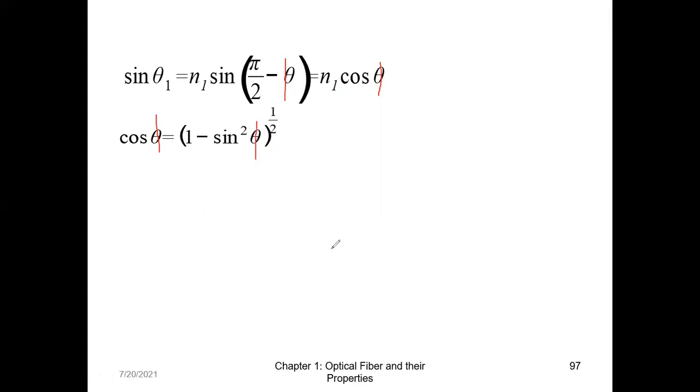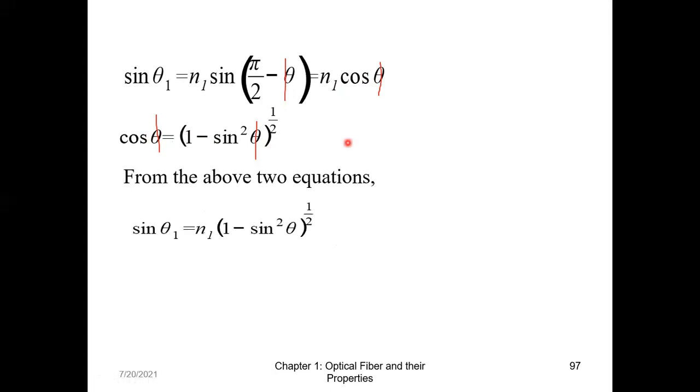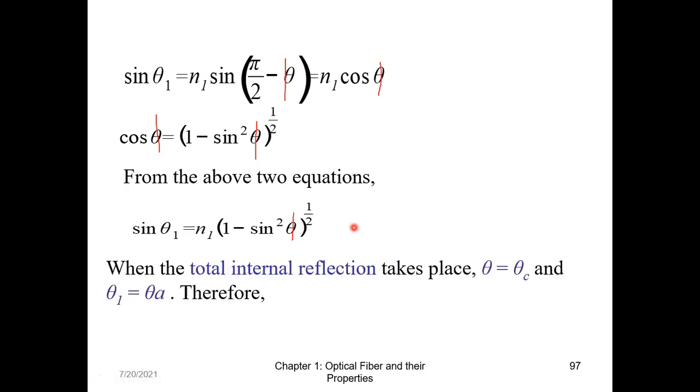So using that trigonometric identity, from these two equations I have sine theta 1 equal to N1 square root of 1 minus sine square phi. I hope all of you are writing this. It's a very simple derivation, just using Snell's law.